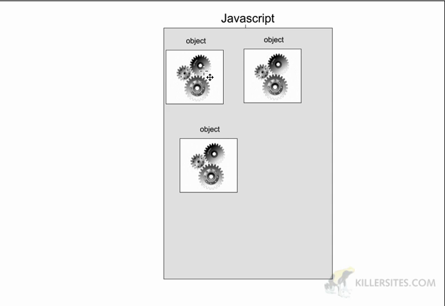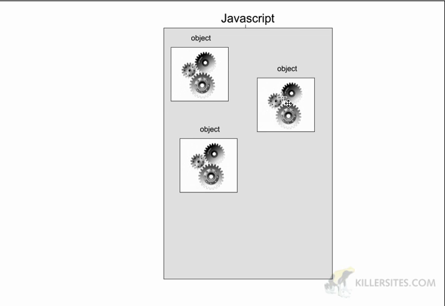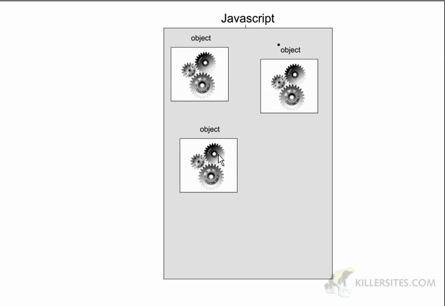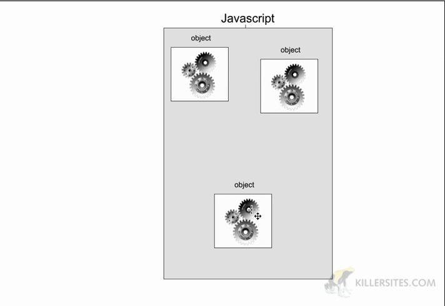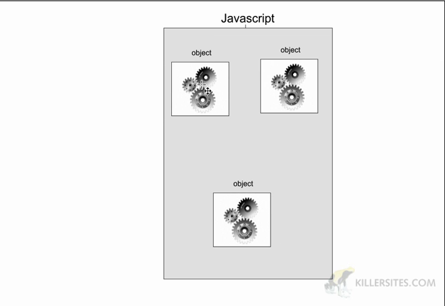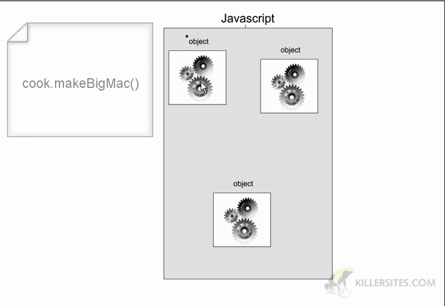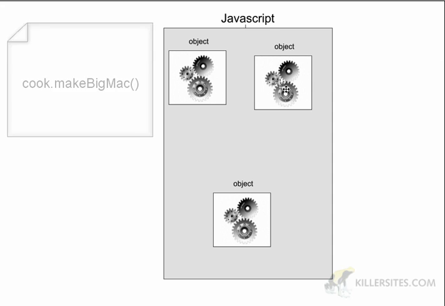So let's say this object was a cook, and this object was a maintenance guy, and this object was a cashier. So like the cook object, he has several, or she has several functionalities, several jobs that they do. They make Big Macs, or they make French fries, or they cut onions up.